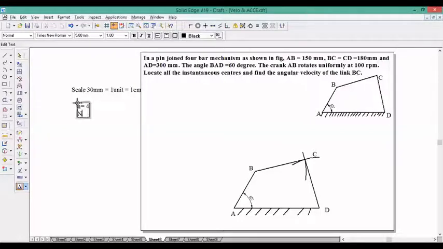Therefore, the number of instantaneous centers, capital N, will be equal to n into n minus 1 by 2.